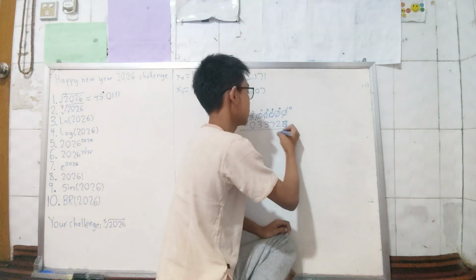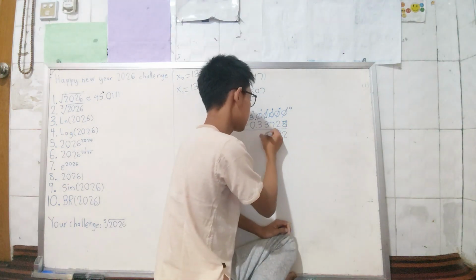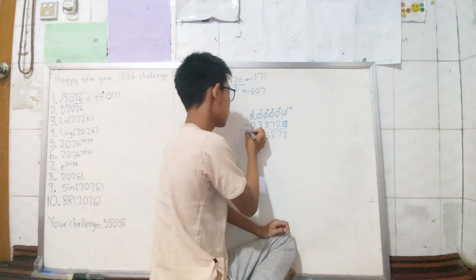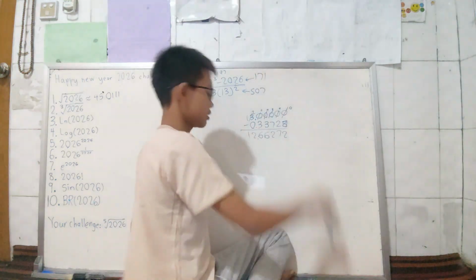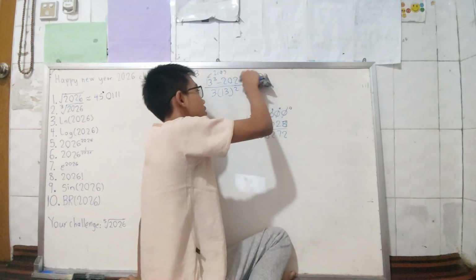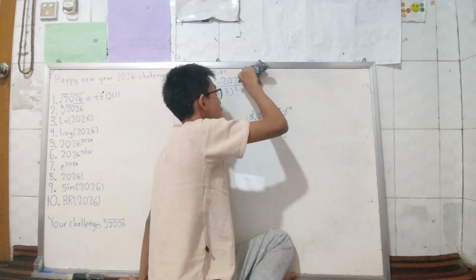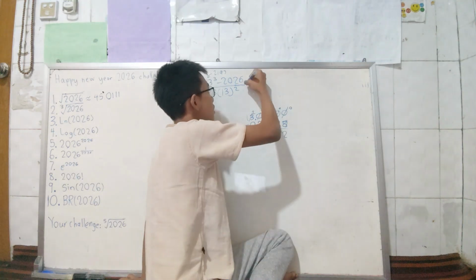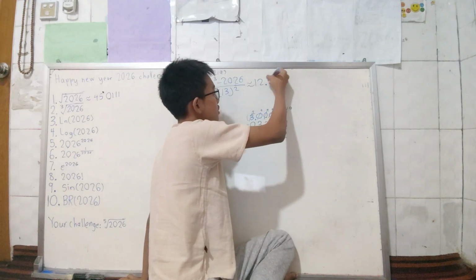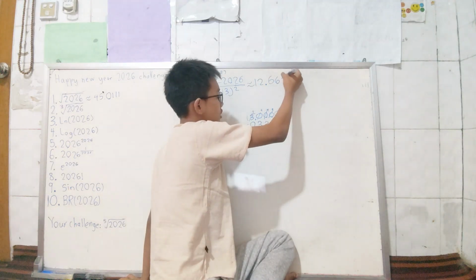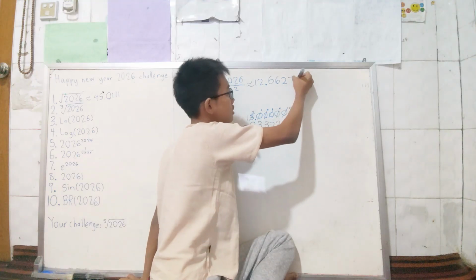So that's gonna be 2, that's gonna be 7, that's gonna be 2, that's gonna be 6, that's gonna be 6, and that's gonna be 2. So it turns out that this is approximately 12.6627.